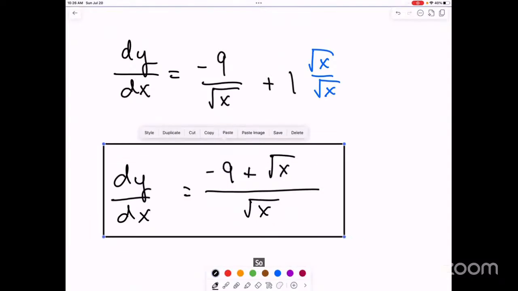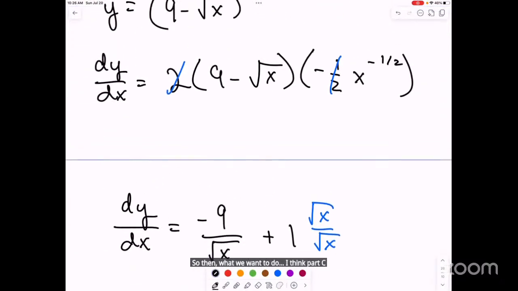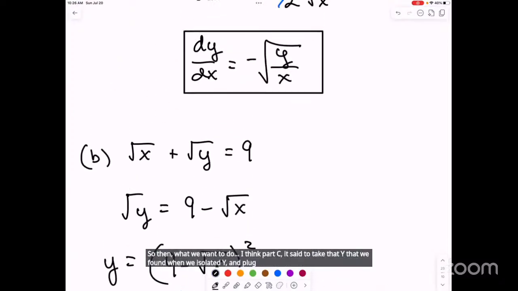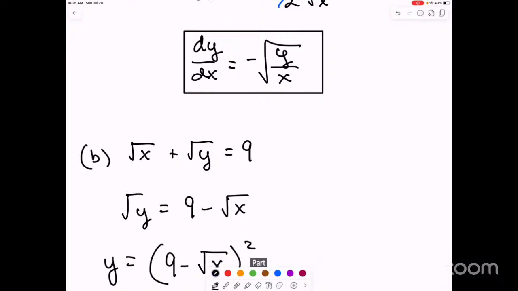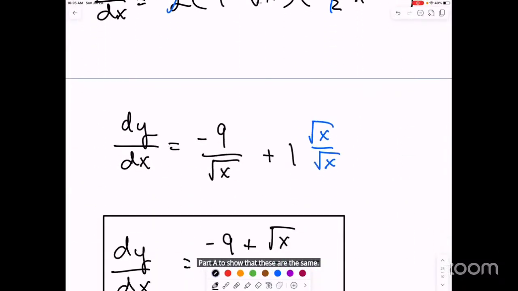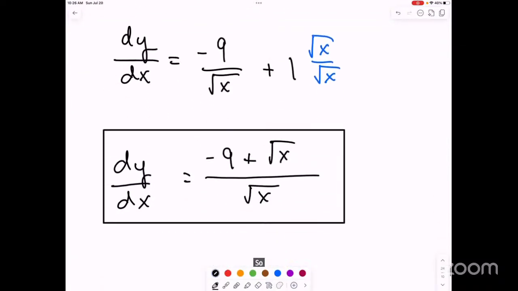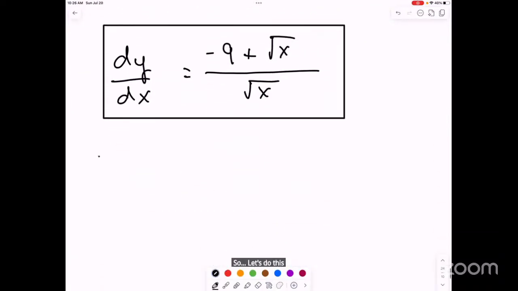So then what we want to do, I think part C, it said to take that y that we found when we isolated y and plug it into our answer for part A to show that these are the same. So let's do this.